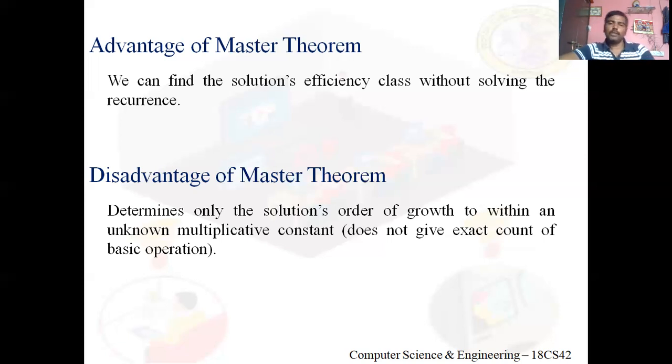So this is clear with the advantages and disadvantages of Master theorem. The advantage is that we can find the solution's efficiency class without solving the recurrence. The disadvantage is that it determines only order of growth. It does not give the exact count of basic operations.